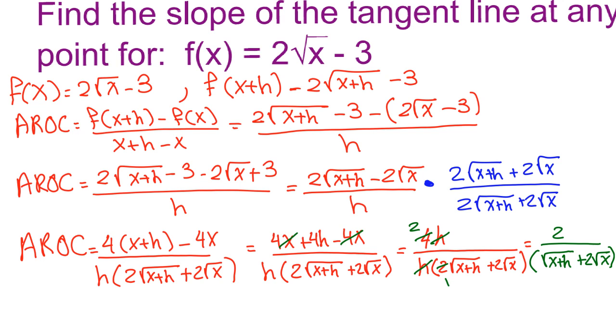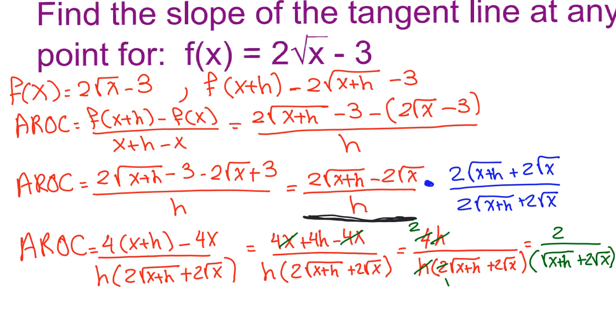Simplifying, I ended up seeing from this step that I'm not going to be able to have an h in my denominator because I'm trying to find my IROC and I cannot divide by a 0. So I rationalized my numerator by multiplying by this expression, but with a positive instead of the negative, in both the numerator and the denominator. And I still continue simplifying further.